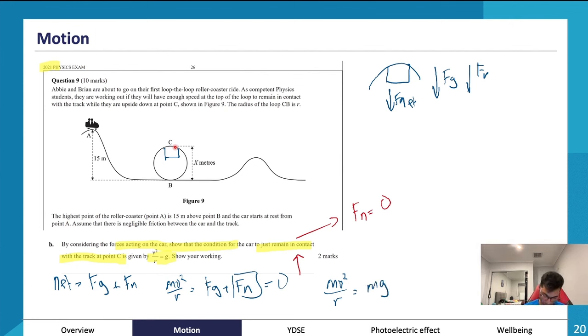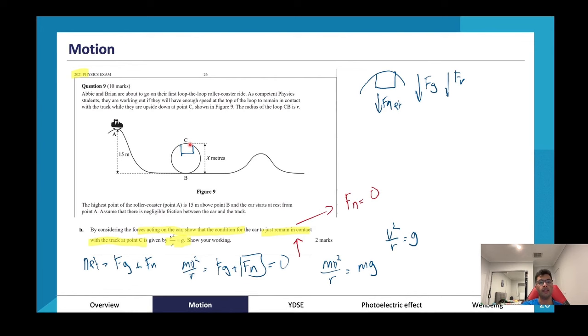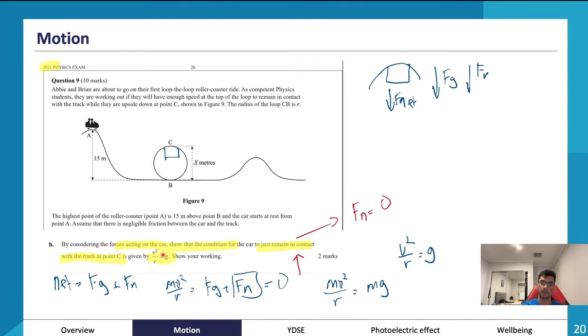Solving for all of that, we get v squared divided by r is equal to g, which is what we wanted to show in the original question. Something along these lines will get you the 2 marks. Just to be sure, I would emphasize that the normal force is equal to 0. That's where the other mark, I think, came from.